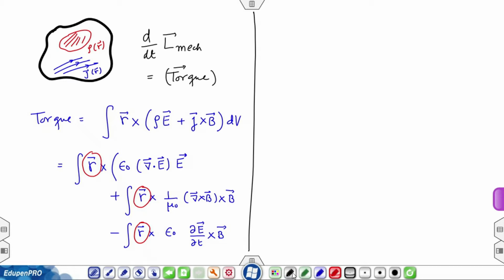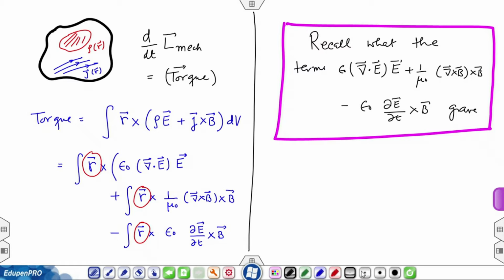So, recalling all that, what it gave me on the right hand side: I have integral r cross, and all these terms together gave me some stress tensor T, where T actually had components T alpha beta, and I am taking alpha equals 1, 2 and 3 as the 3 components for a given beta.